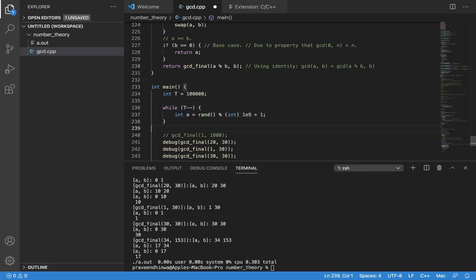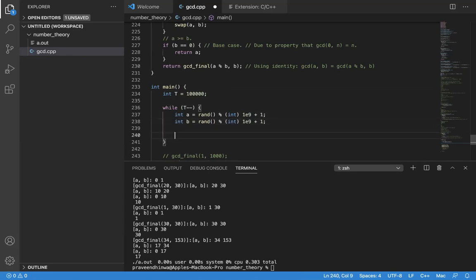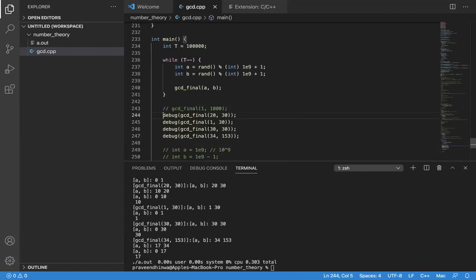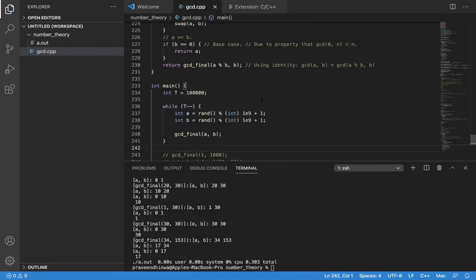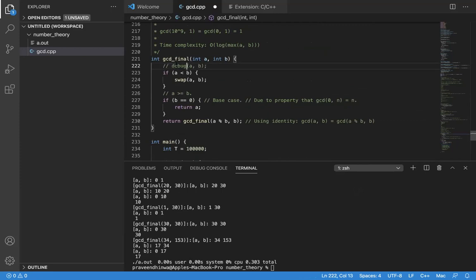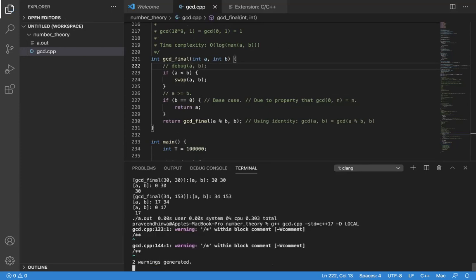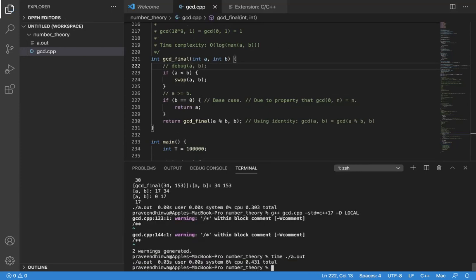This is one random number A, and this is another random number B, and find GCD final of A comma B, and let's see how much time this code takes. And let's remove the debug statement. You can see that this program, finding 10 power 5 GCDs, only took about 0.43 seconds. So this program is so fast.